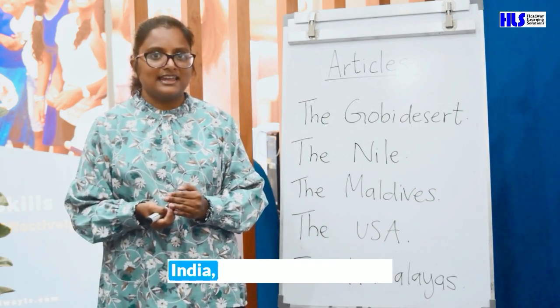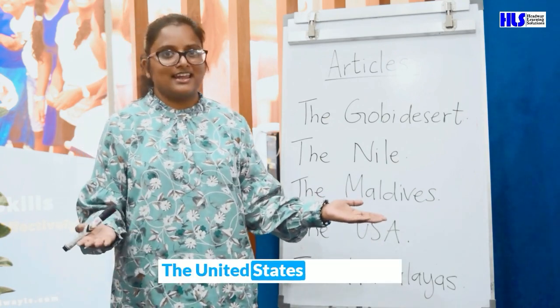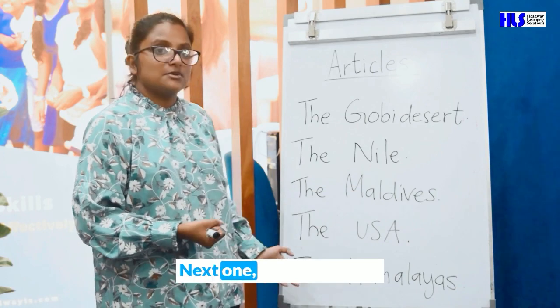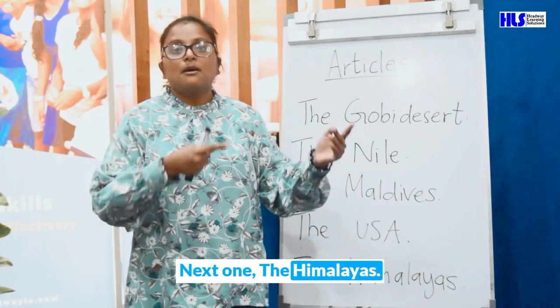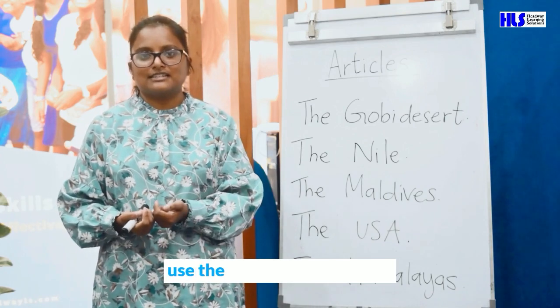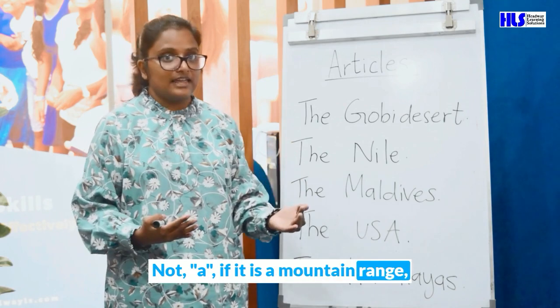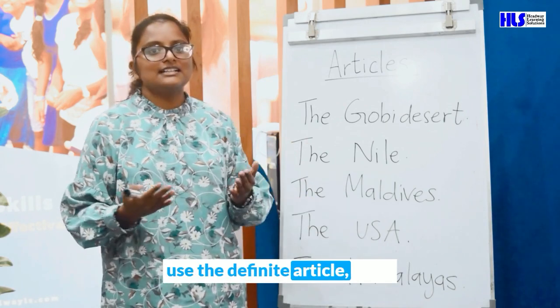You have to say India. That's English for you. You have to say the United States of America. Next one, the Himalayas. Mountain ranges normally use the definite article the, not a. If it is a mountain range, use the definite article the.